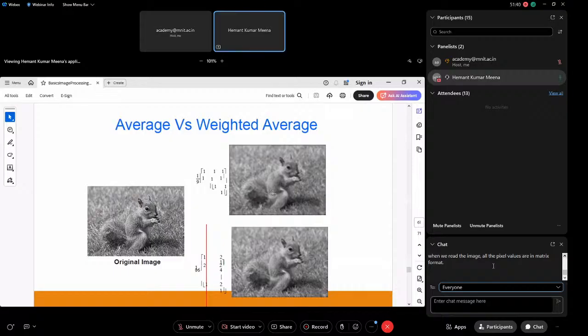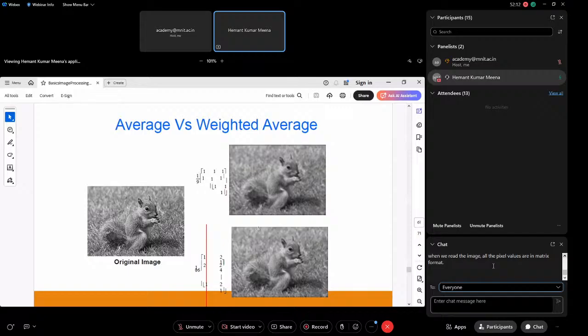Average versus weighted average. Here also you are seeing it. As in the earlier example, in the filter you can either take equal weights, 1 1 1, or you can take 1 2 1, 2 4 2, 1 2 1, like the earlier filter we have seen. So there it has a different impact. Why do we say neighborhood?